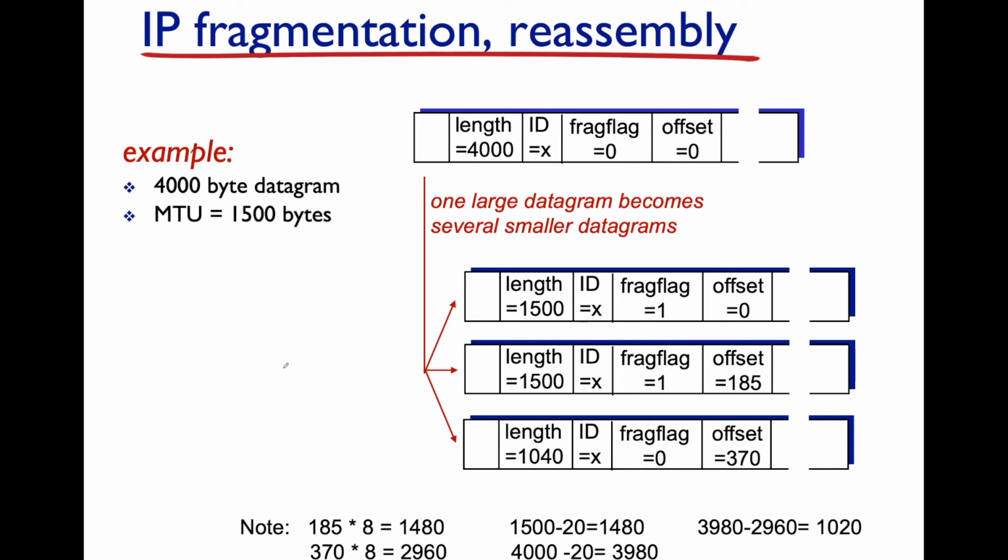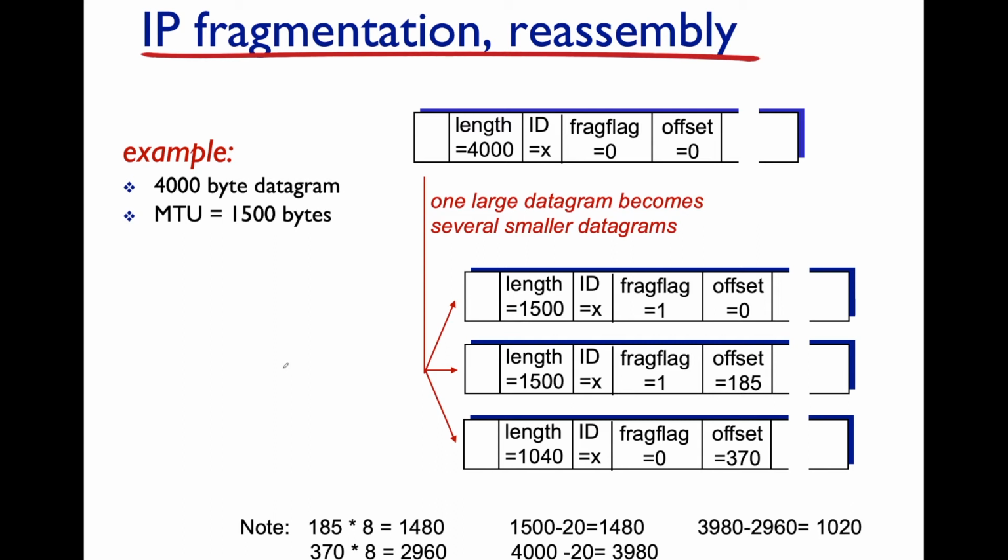And so we set the offset field for the second fragment to 185 because that next 1,480 bytes is going to start at byte offset number 185, which is bit number 1,480, and it's 1,480 because out of this first 1,500, 1,480 of them is actual data, and the remaining 20 bytes is going to be header information.